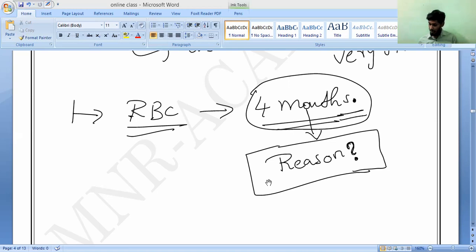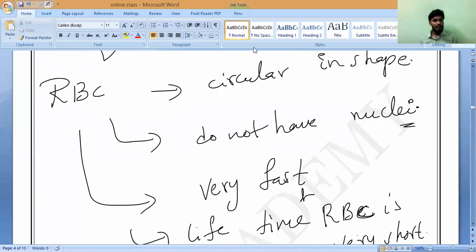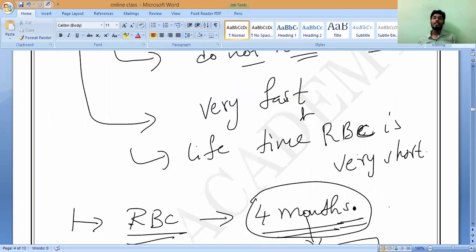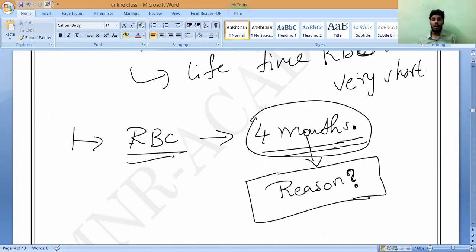I will say. You may observe, before I have taught you 2 points. Have you noticed it? What is RBC? RBC are circular in shape. Yes. What do they not have? They do not have nuclei. That is the reason for the dying of RBC, and why the lifespan of RBC is very short.